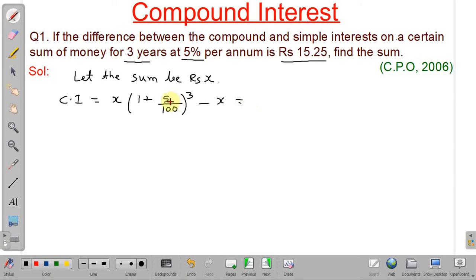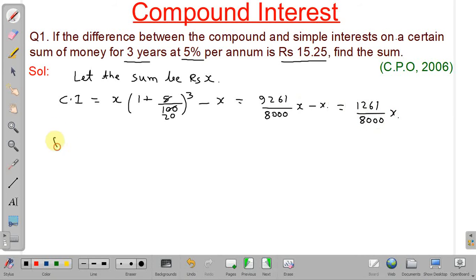So it will be equal to, if we divide, we will get 21 by 20. So it will be equal to 9261 divided by 8000 into x minus x. Okay. So after subtracting, we will get 1261 divided by 8000 x.